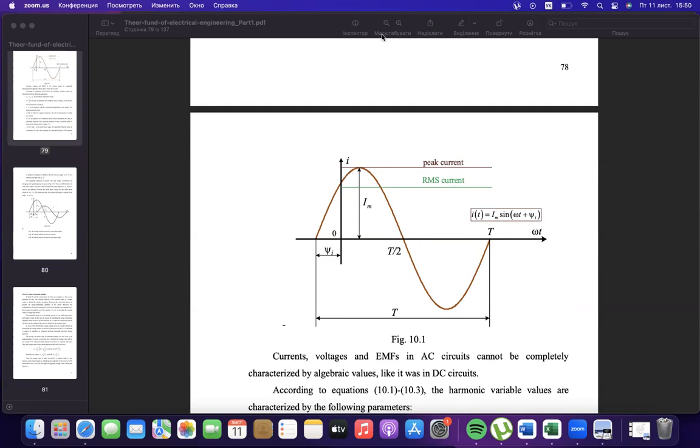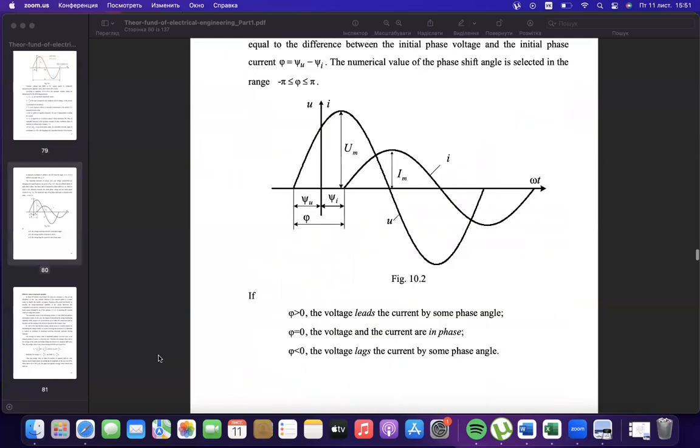Instantaneous power at each point of time is different because current differs, but the total power over the period of oscillation will be the same as if we take a constant current of such root mean square value. How it could be proved, we'll speak next time.